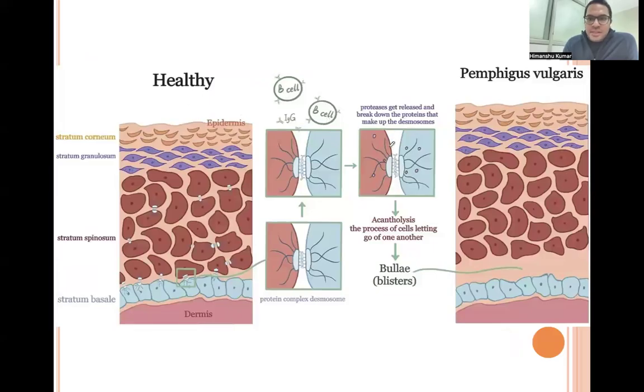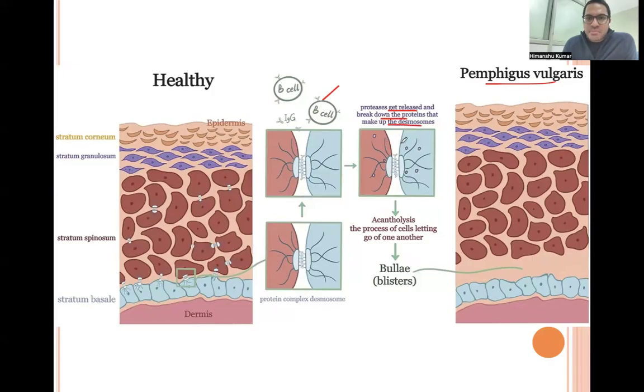Coming to another interesting example of pictorial presentation of pemphigus vulgaris, what is going on inside the skin essentially is B cells, which form the antibodies. The protease get released and break down the proteins that make up the desmosomes.